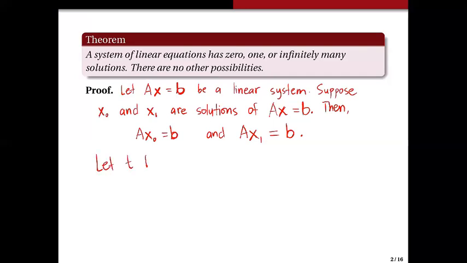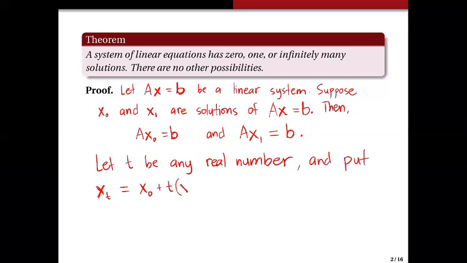Let t be any real number, and let us put x sub t to be x sub 0 plus t times (x sub 1 minus x sub 0).